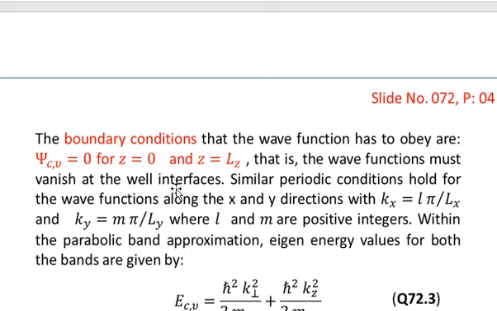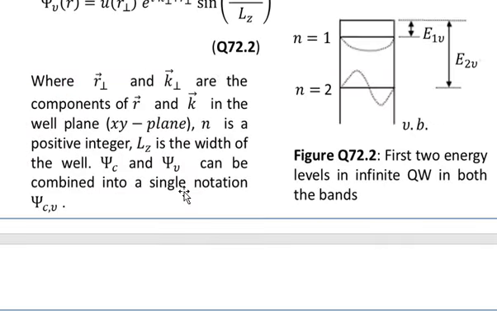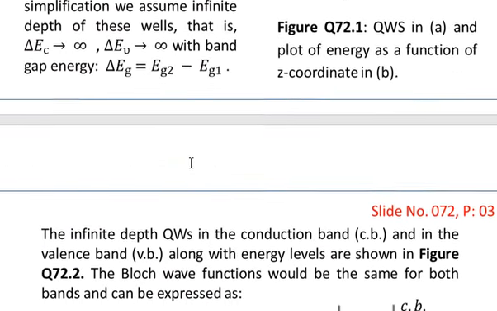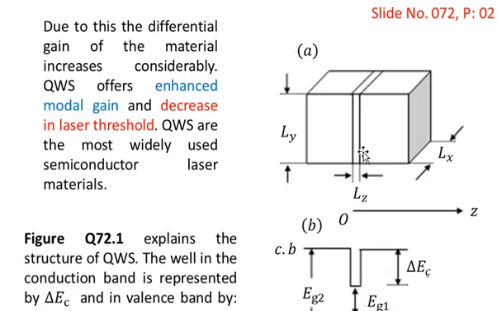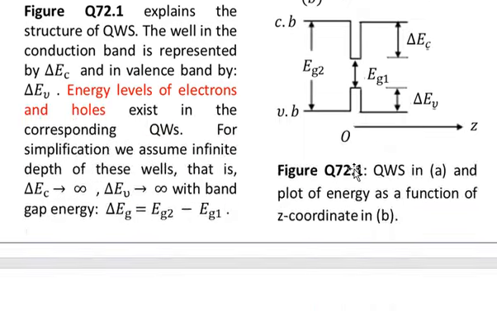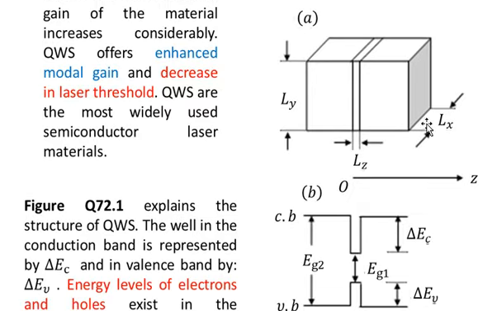But here the thing that is of interest to us is actually this width Lz. So this is important for us. The waves in the other dimensions, that is along Lx and Ly, are not important for us.